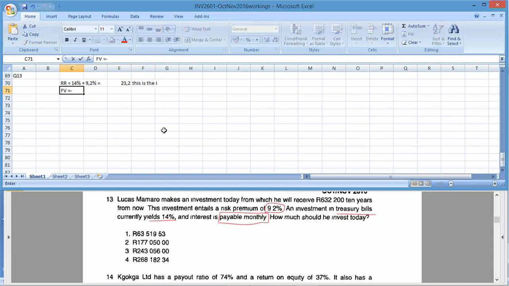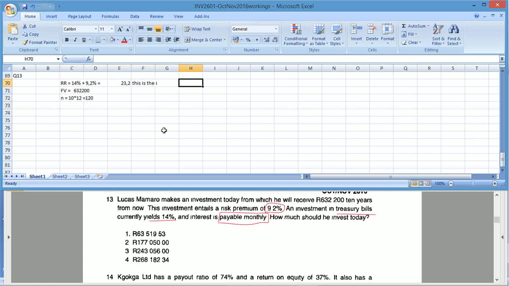Future value, which was given. They said you're going to receive 632200 10 years from now, and that's payable monthly. So if it's payable monthly, it would be compounded monthly. So then you would have N equals 10 years from now, so 10 times 12, 120 months.